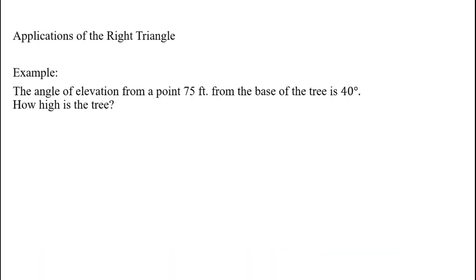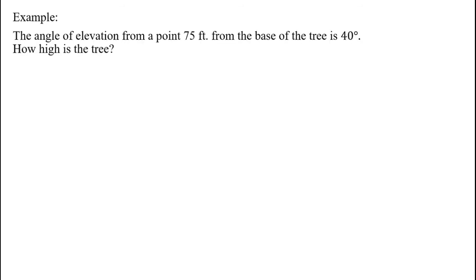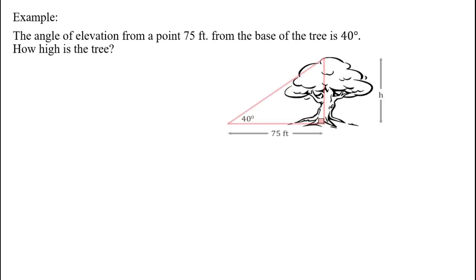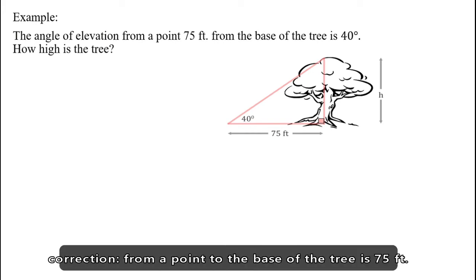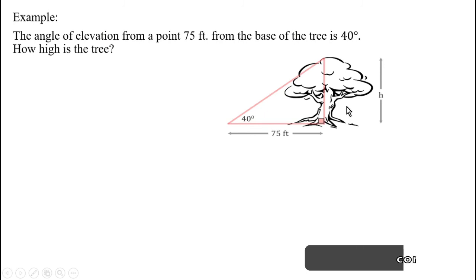We can do now the applications of the right triangle. Example: the angle of elevation from a point 75 feet from the base of a tree is 40 degrees. How high is the tree? So first, we should illustrate the given problem to make it easier. So we have here our tree, our angle, which is 40 degrees, and from the angle to the base of the tree is 75 feet.